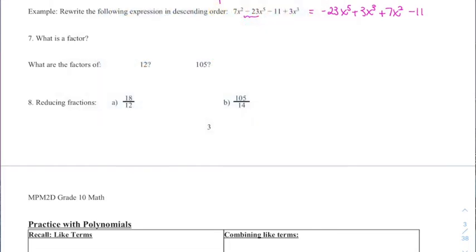All right, what is a factor? A factor is a number and/or variable that divides a polynomial evenly.